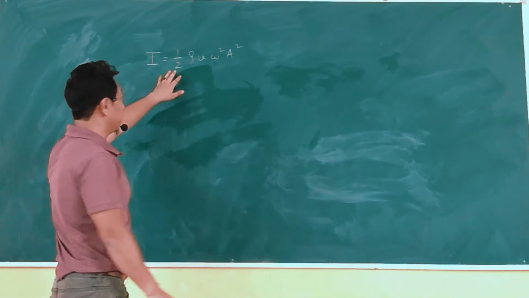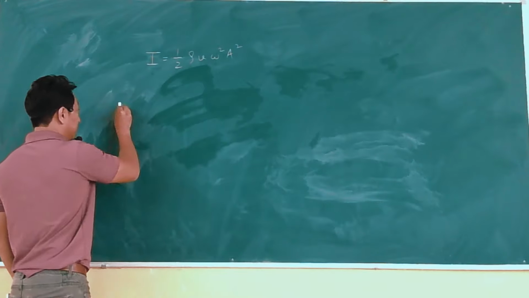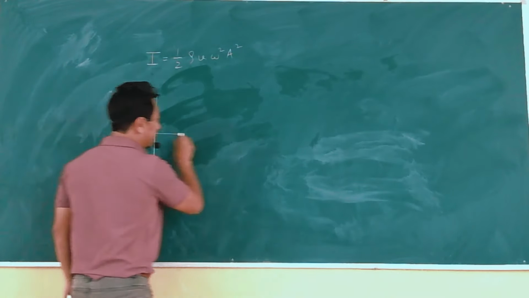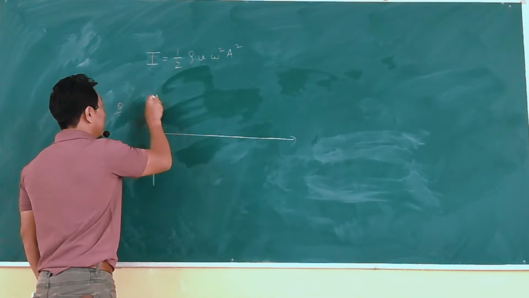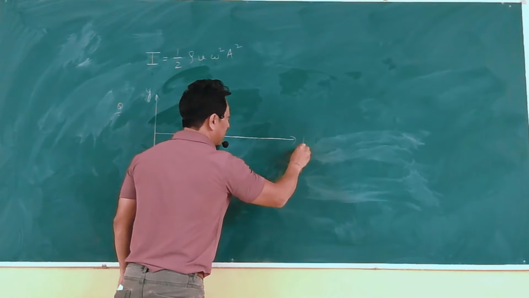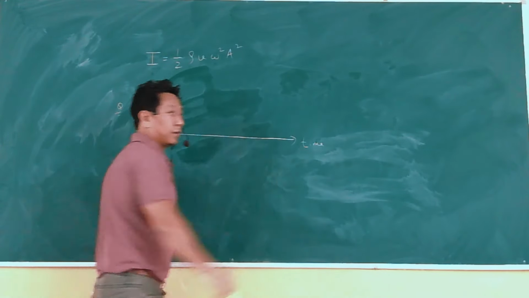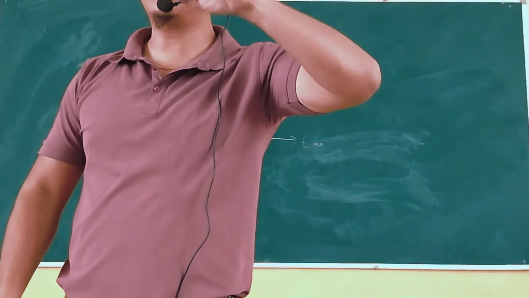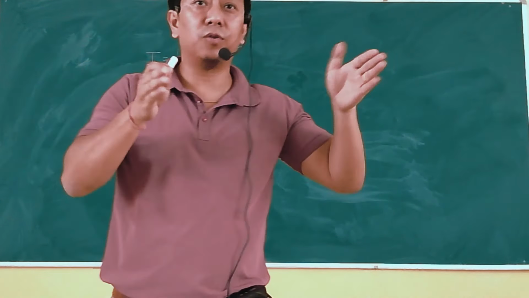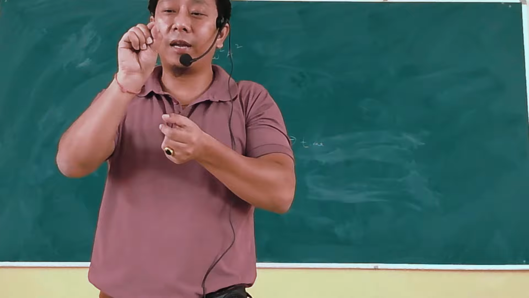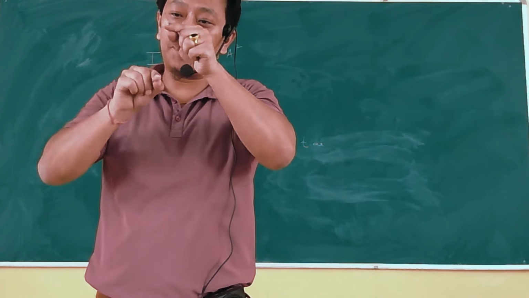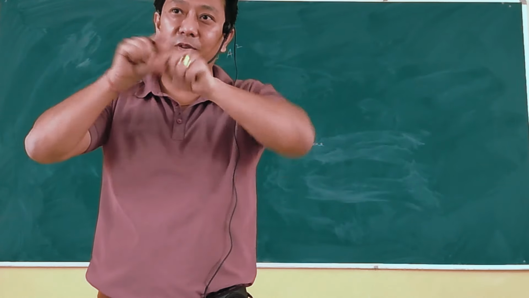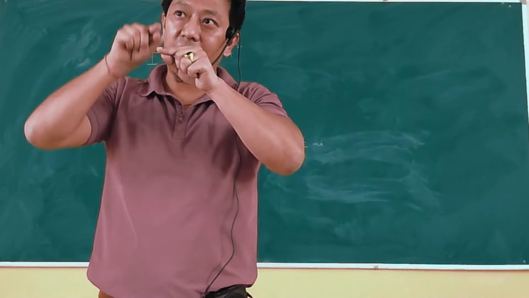Let's do one problem based on this. So consider this is y and this is time. Because in waves the disturbances change not only with position but also with time. If you look at any one particle, the displacement of that particle changes with time. Right now it is here, right now it is here.